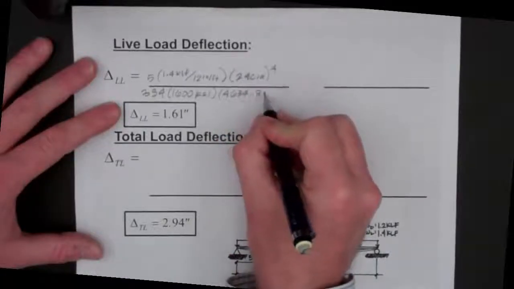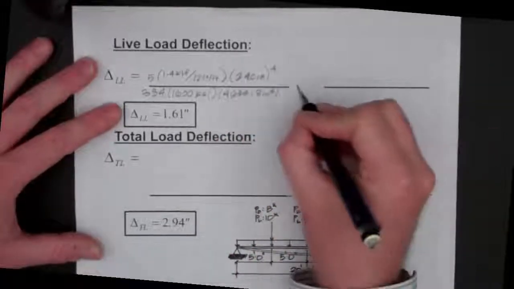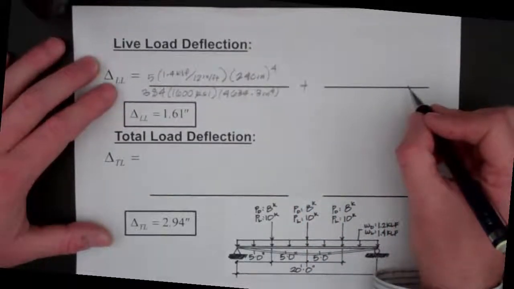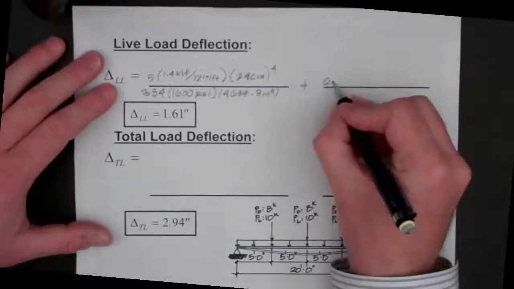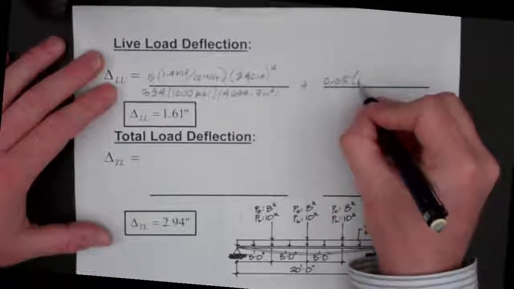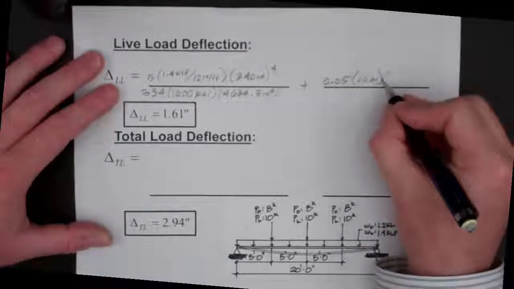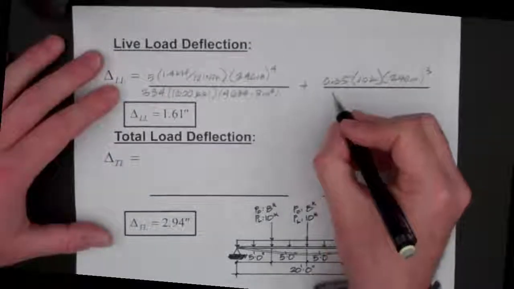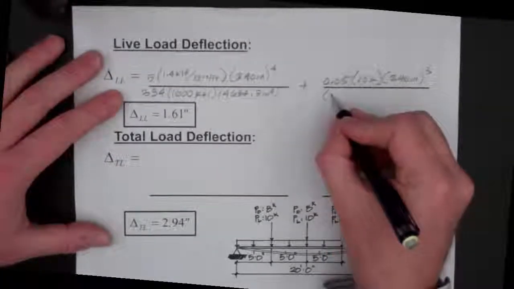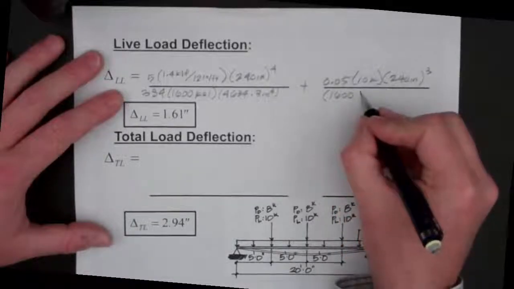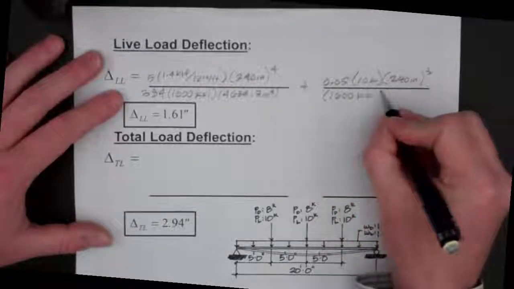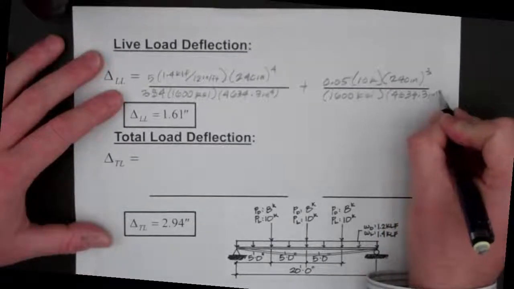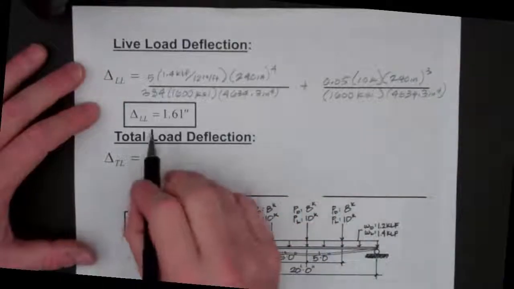Now we're going to add to that the deflection equation of the point loads. So here now we have our little e, so 0.05 times the 10 kip load times the length of 240 inches cubed, and we're going to divide all of that by the elasticity of 1600 KSI times the moment of inertia, 4,634.3 inches to the 4th, and this gives us a total deflection for the live load of 1.61 inches.